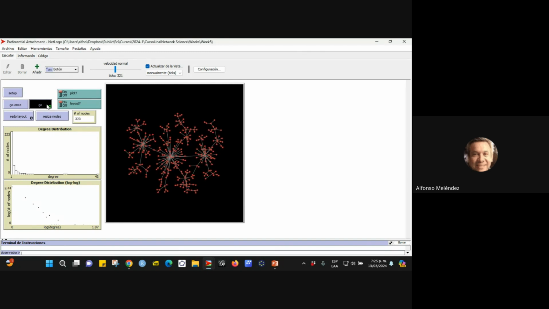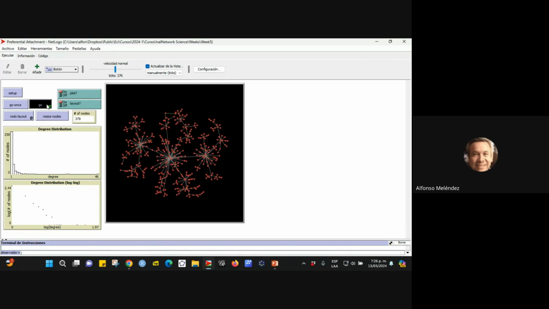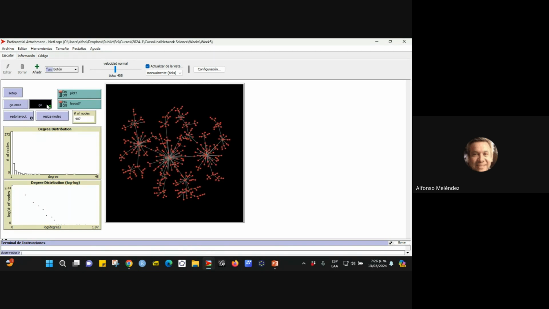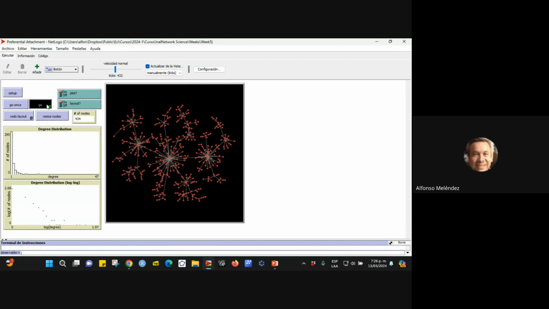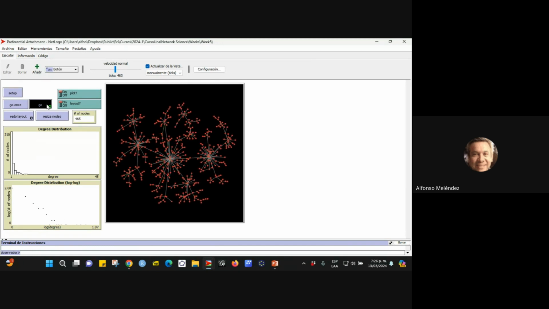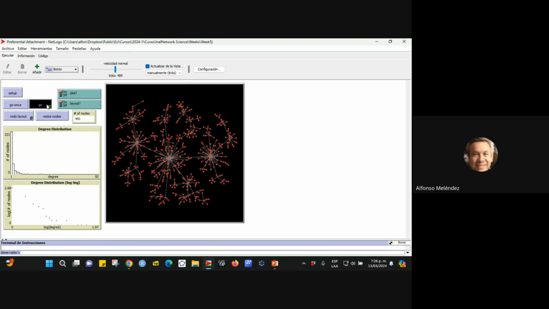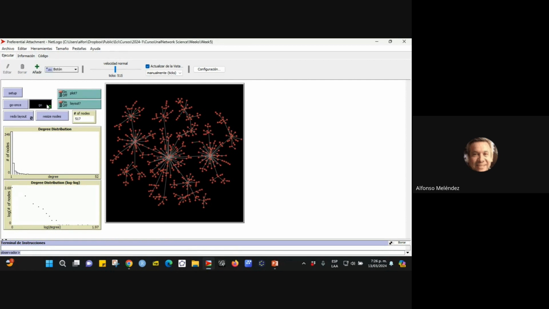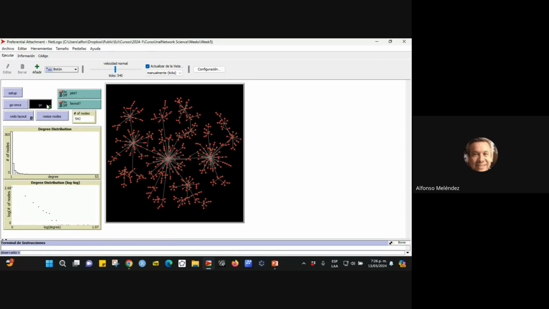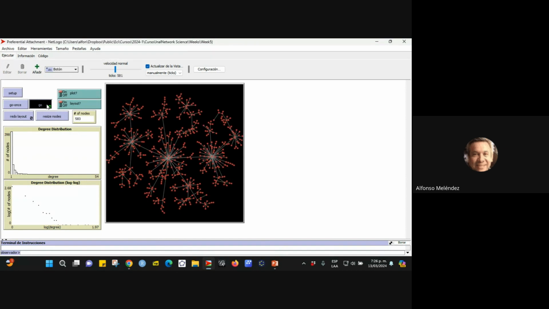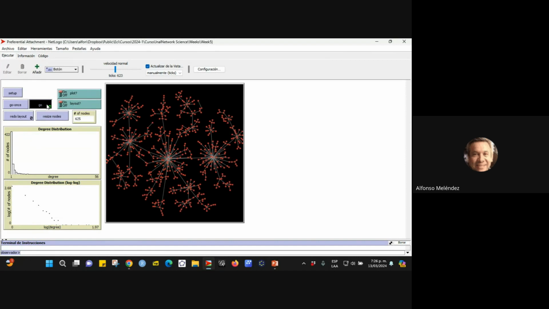If not, I'm gonna talk a little about this beautiful network. Okay, this is a Barabasi network, a scale-free network, power law network, as was mentioned in the video.